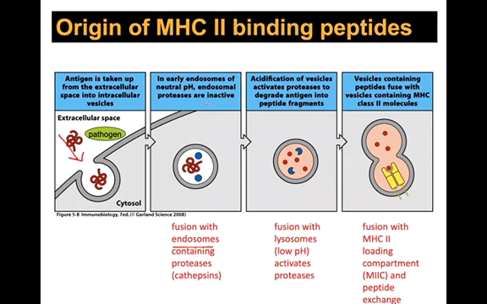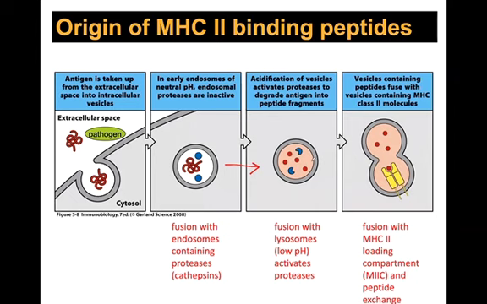Now, as it's coming in, early on, that is neutral pH. Sorry, I'm messing this up a little bit here. Okay, so those lysosomes fuse with the phagolysosomes, and the phagolysosomes have low pH. That low pH activates the proteases, and that allows them to start cutting up the proteins into smaller peptides.